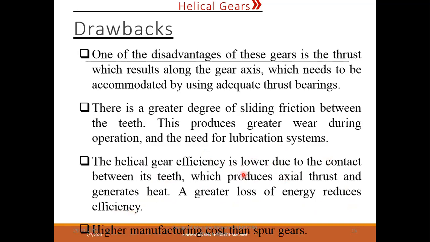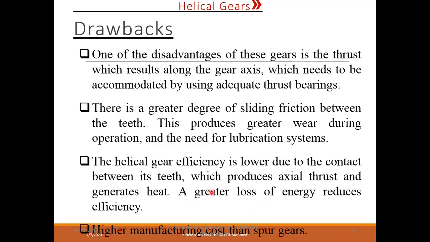Due to the helix angle, the axial thrust load is generated, and also due to the sliding friction, due to the sliding contact of the teeth on the gear wheel, more heat is generated, and a greater loss of energy reduces the efficiency of the helical gear, right.